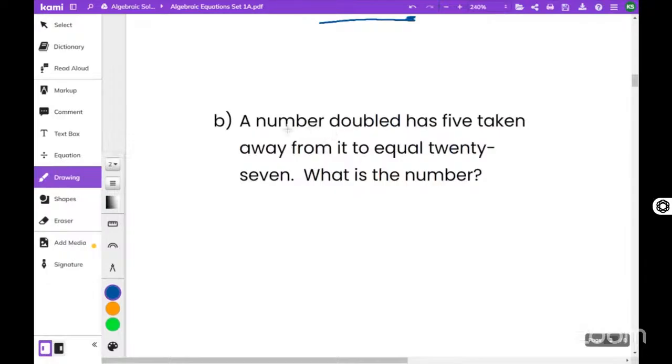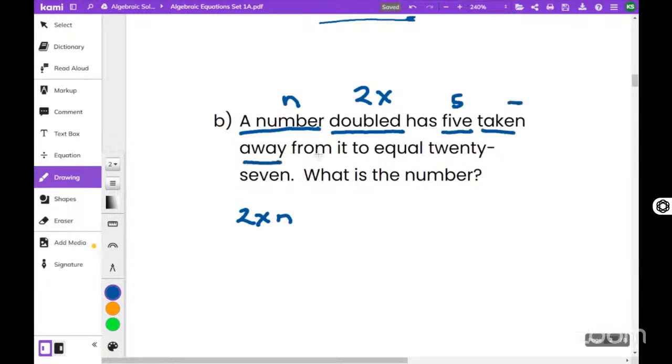A number doubled. When you see doubled, you've got to have 2 times, and where you see the words a number, you put in n. So that's 2 times n, which is a double, or n times 2. Has 5 taken away is minus from it. So minus 5 to equal 27.